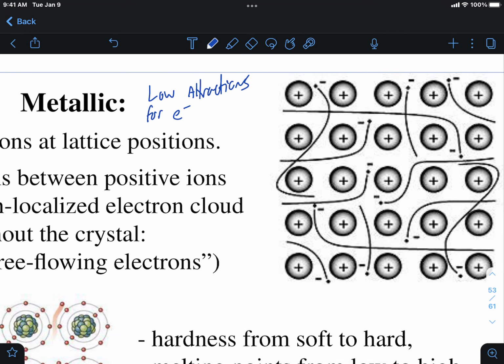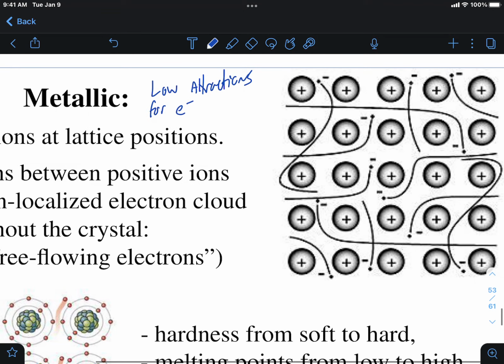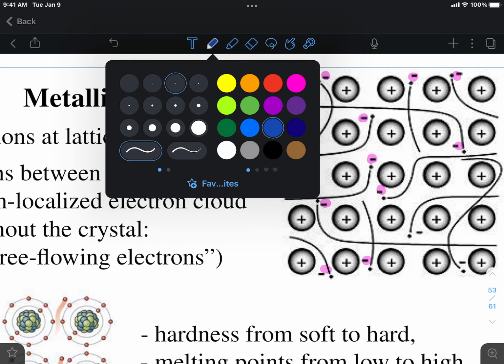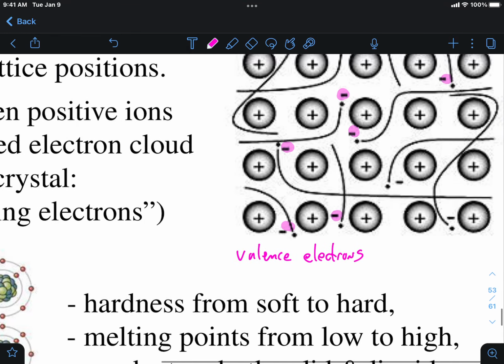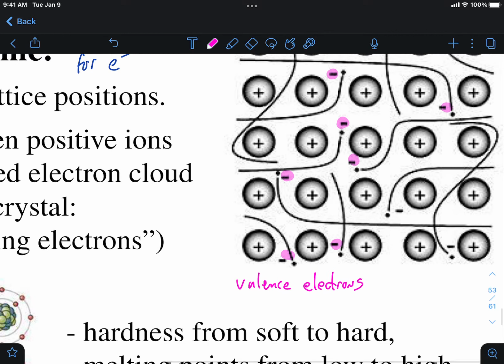You can put it here. That's fine. These electrons right here, these are the valence electrons. And the thing about valence electrons in metals is that they are what's called delocalized or non-localized.